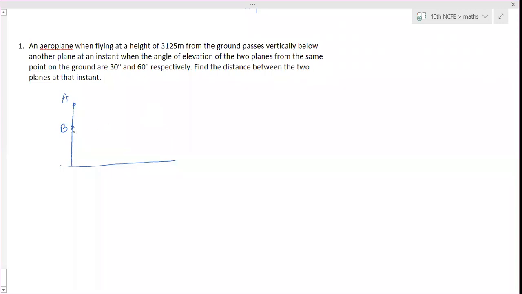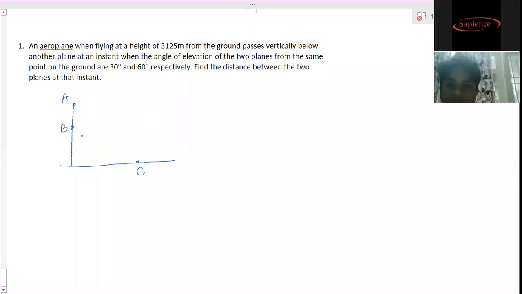Let the point touching the ground be C. And the angle of elevation of B, when we join B and C, the angle of elevation will be 30.